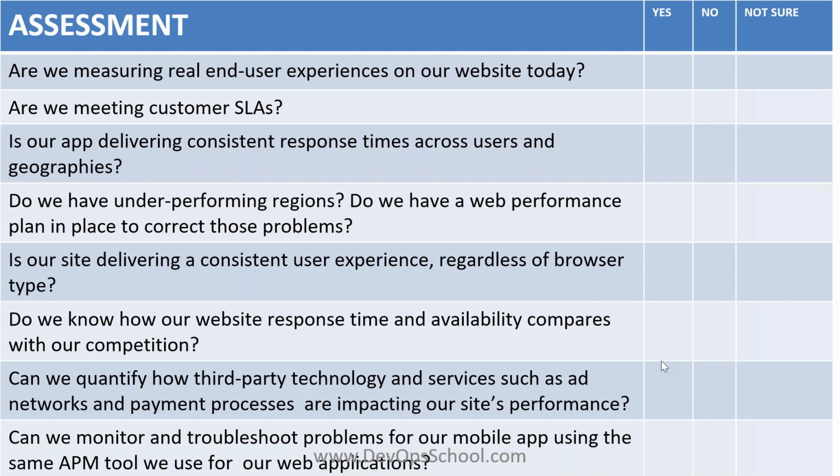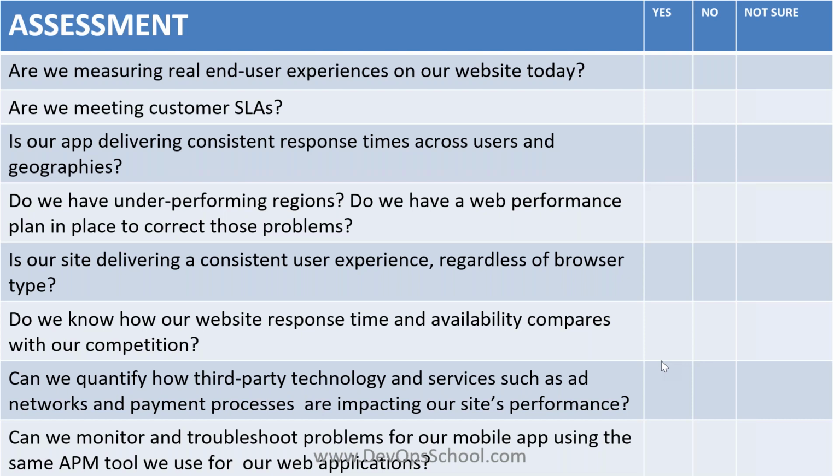In simple terms, what is your application response time? What is the error rate? What does the historical data say? Are you progressing or downgrading? All these things we'll get to know through APM.